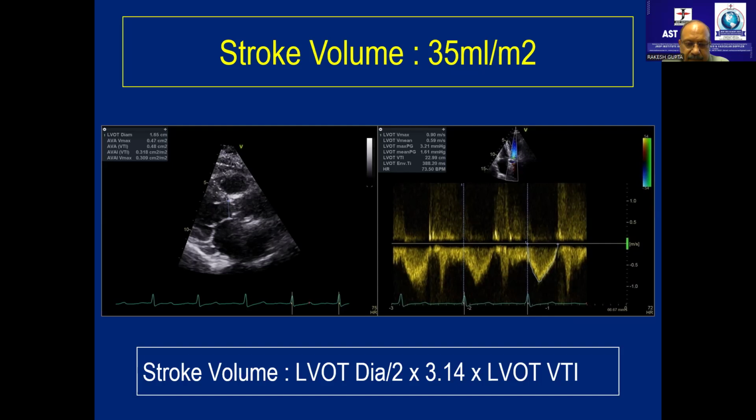So r is LVOT diameter divided by 2, and multiply by LVOT VTI. And how do you calculate LVOT VTI? LVOT VTI, we can do a CW at the LVOT. Sorry. First part is okay.